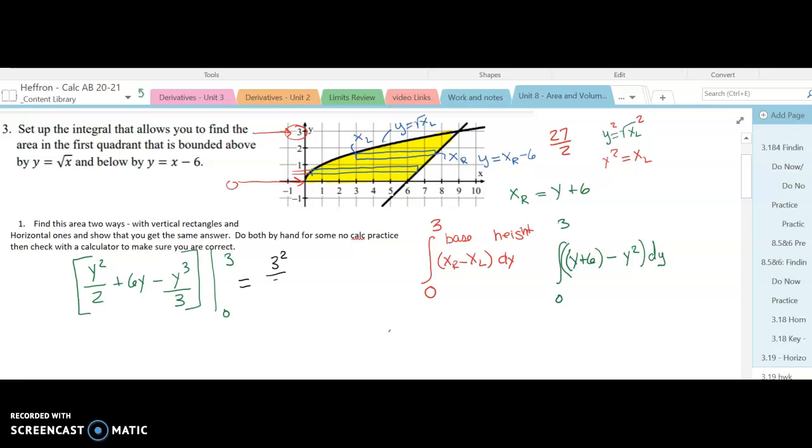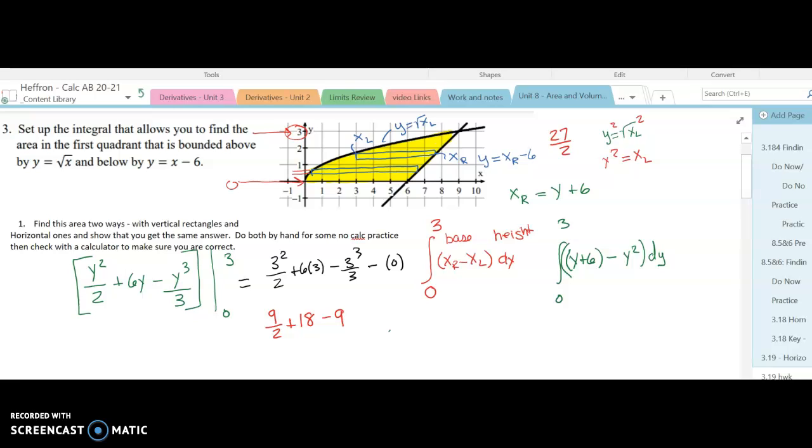3 squared over 2 plus 6 times 3 minus 3 cubed over 3 minus, when we plug 0 in for all these, we just get 0. So here's another reason, Lalo. 3 squared is 9 over 2 plus 6 times 3 is 18 minus 3 cubed is 27 over 3, that's minus 9.